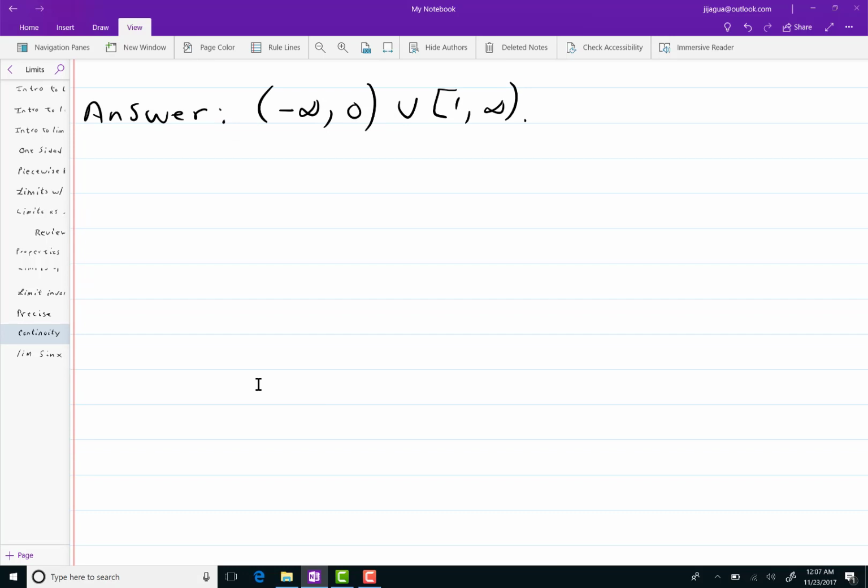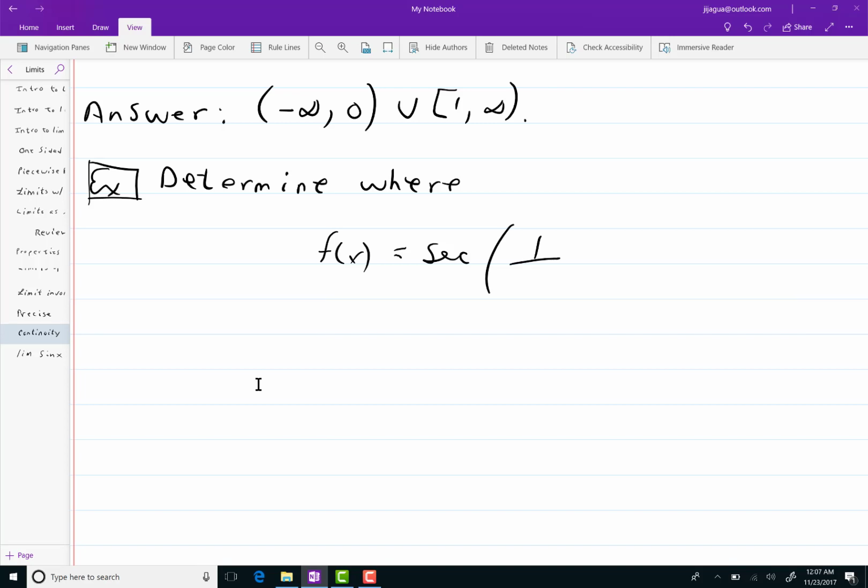I had one more that I wanted to try, and it involves a trig function. Let's do an example. Determine where f of x equals secant of 1 over 1 minus x is continuous.